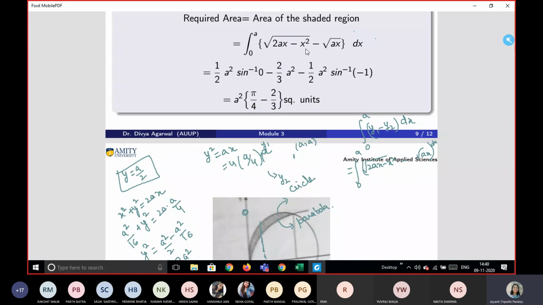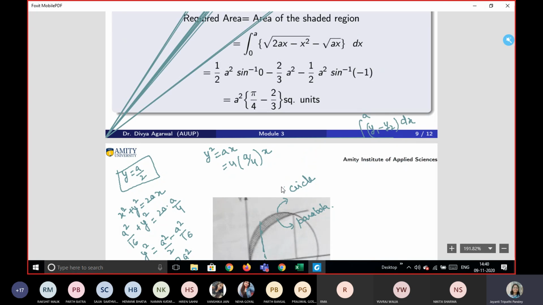Now see, this is solved. You have to make it a perfect square to solve it. Let me do it. When you write this, you make it like this.